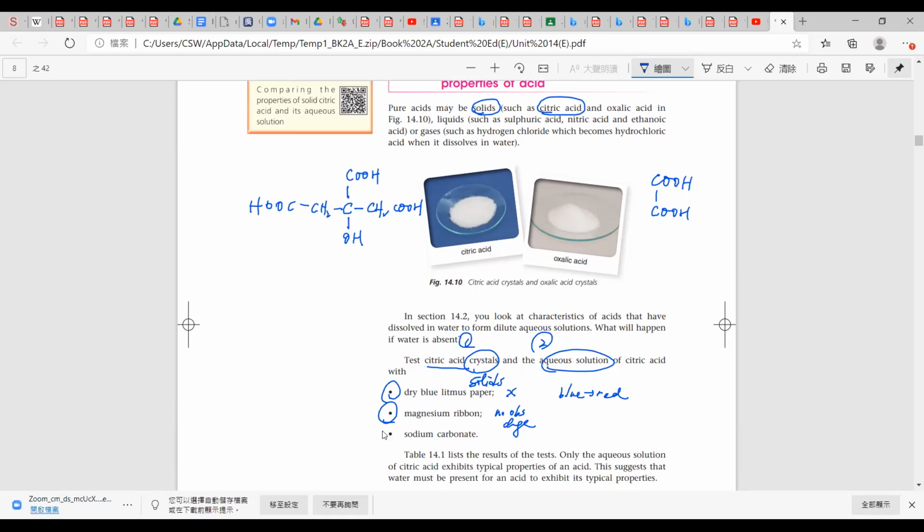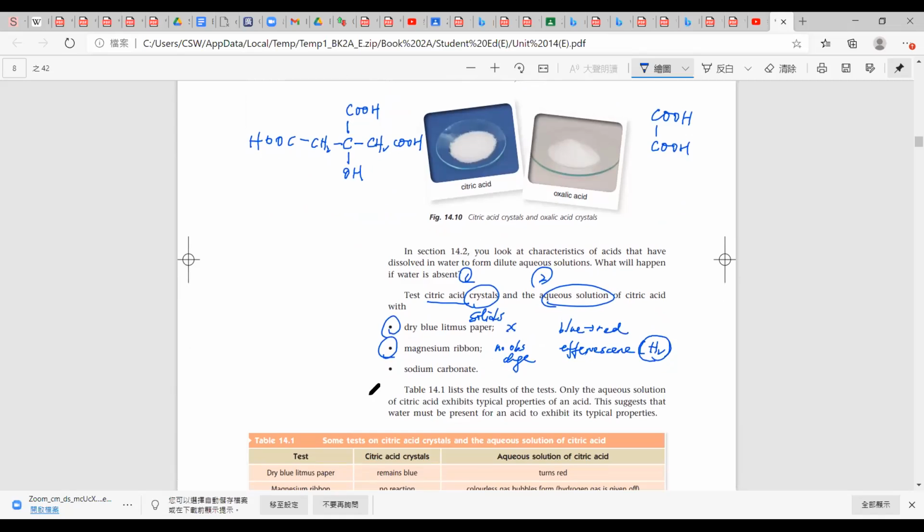And for the aqueous solution, what will happen? Effervescence. And you are going to test it with the pop sound test to show that hydrogen gas is produced. One more thing is about solid sodium carbonate.